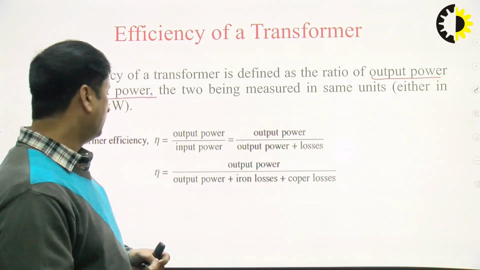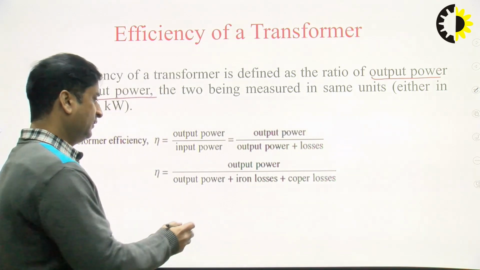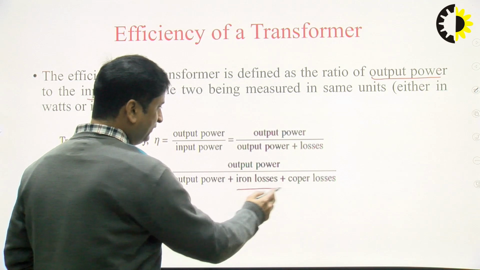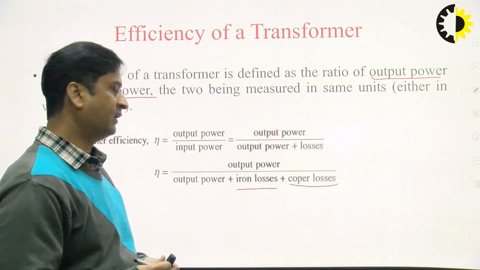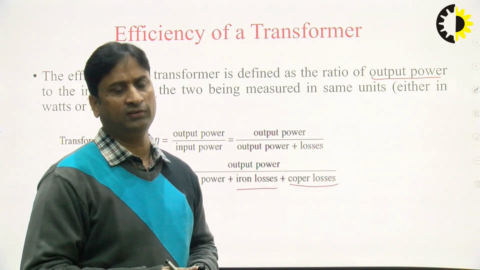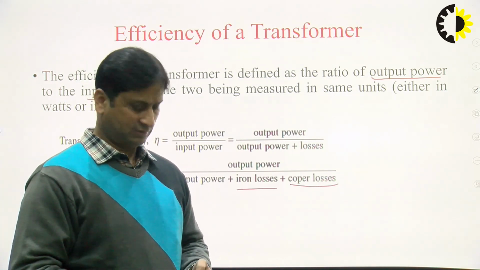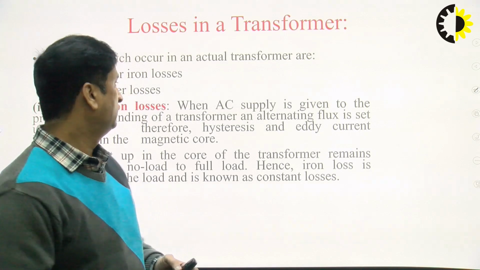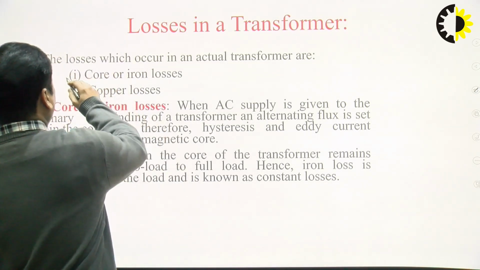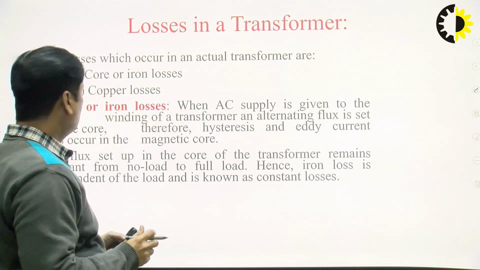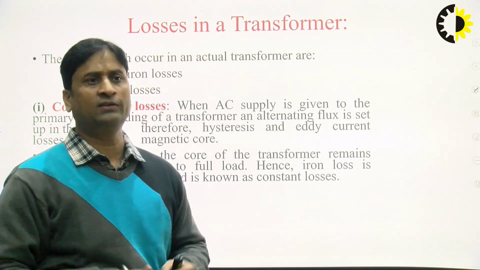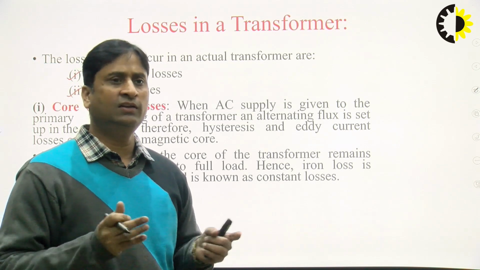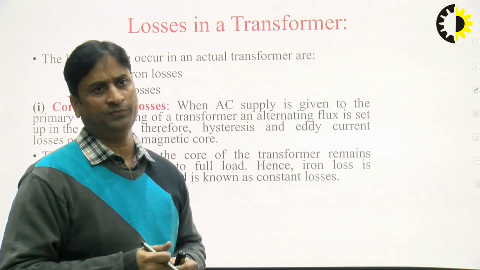In the transformer, there are two types of losses: iron losses and copper losses. Iron losses are also called core losses because these losses happen in the core of the transformer.